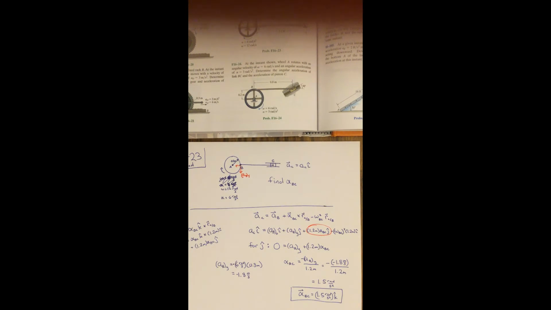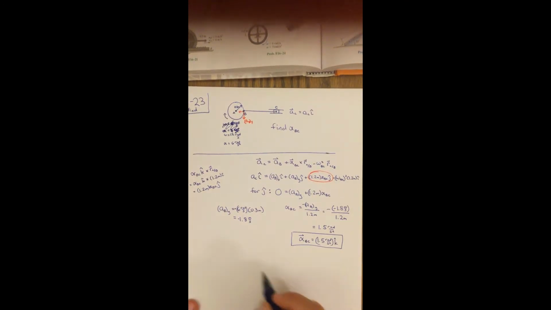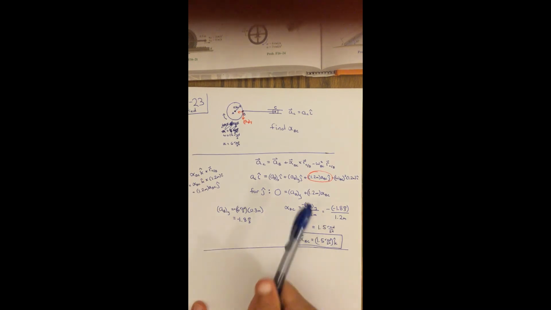Now, maybe we also want to look at what we would get if we looked at the i-hat components also. So at this point we have found what they asked us to, but let's see what else we could find if we looked at the i-hat components. Okay, so going back to my equation here, now let's just write down what we have for the i-hat component. So for i-hat, I have a_C, and this is actually the x component.